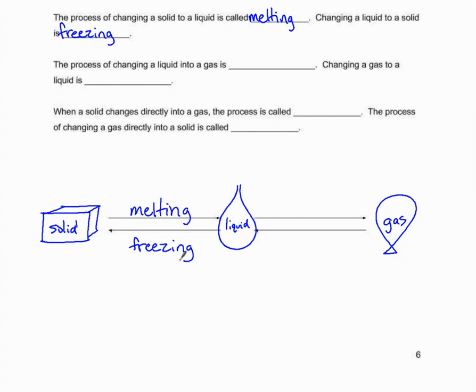This next one is a little bit tricky. The process of changing a liquid into a gas. Now, a lot of people would throw out the term evaporation. That's not quite accurate. Evaporation is a little bit too specific. This phase change is known as vaporization.